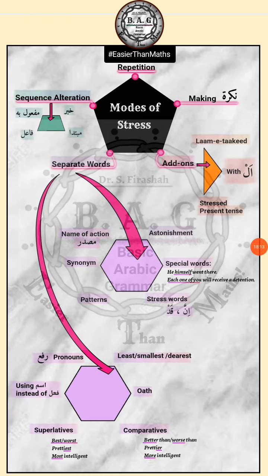So I hope that this brief overview and the entire schema of this lesson series, that is lesson 9, is clear, inshallah. All right, and the next lesson will be about the name of action and synonyms.